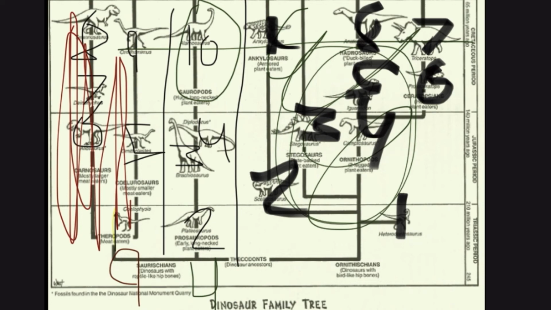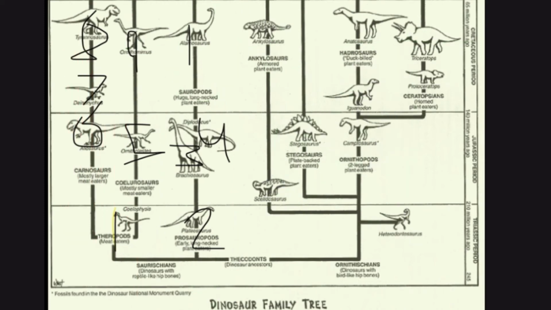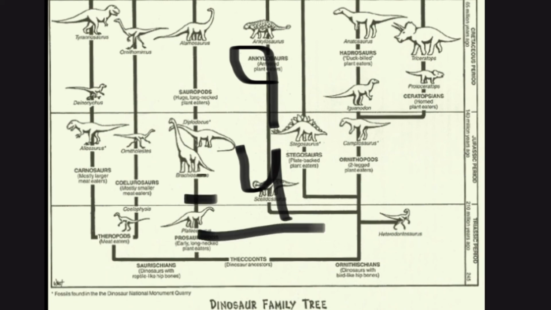So let's take this information. Okay, intense erasing times. I have 9. So 9 ornithischians and 4 sauropods. Let's add that number. 13.